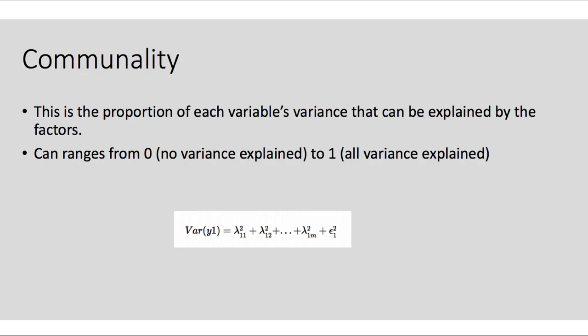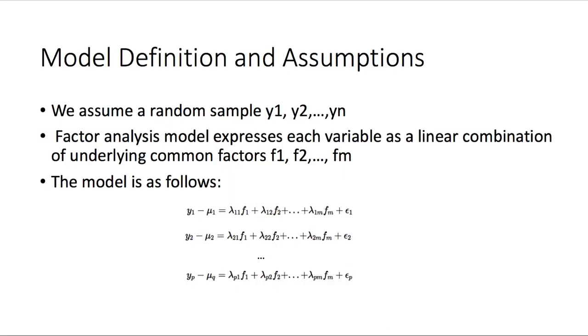Communality. This is the proportion of each variable's variance that can be explained by the factors. This is how we want to calculate it. So look back here. For y1, we use lambda 1,1 squared, plus lambda 1,2 squared, plus until lambda 1,m squared.